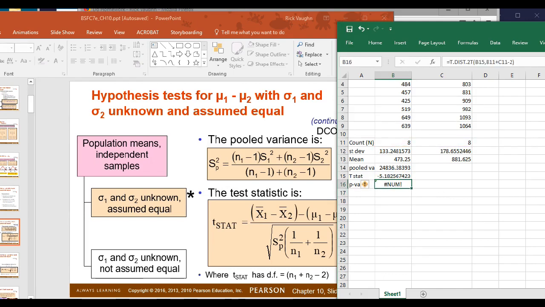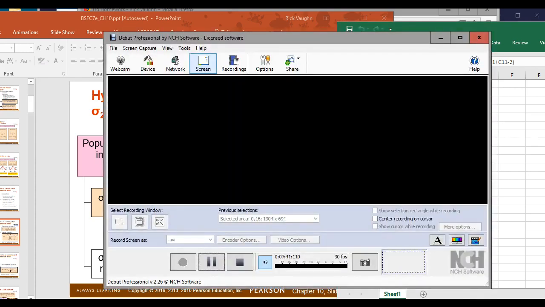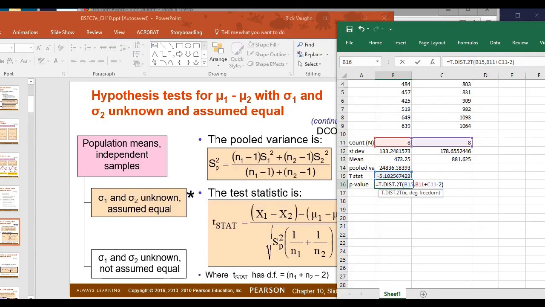All right, now, oh, it gave us an error. Let's see what happened here. Okay, I think I figured out what the error is here. We need to have the positive t-value to do this t.dist.2t.